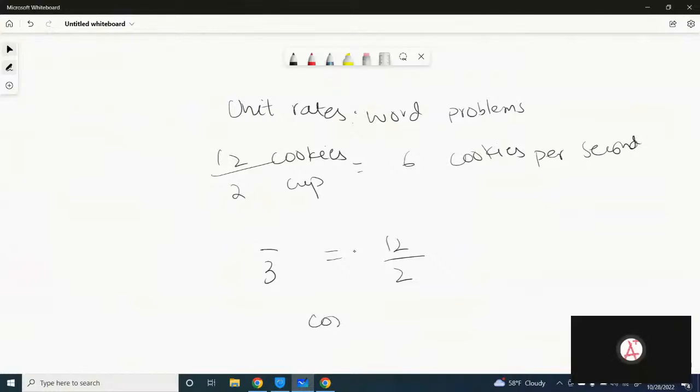You can find the cookies by unit rate times the scoops of flour. So the unit rate is 6. You have 6 cookies per scoop, and the amount you want to make is 3. So it would be 6 times 3, and 6 times 3 is 18. Got it?